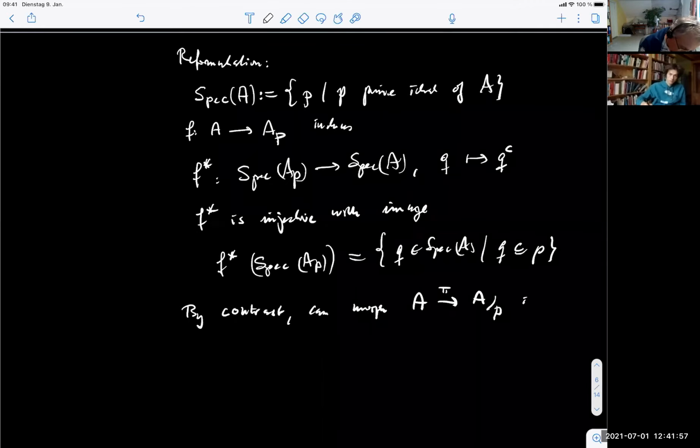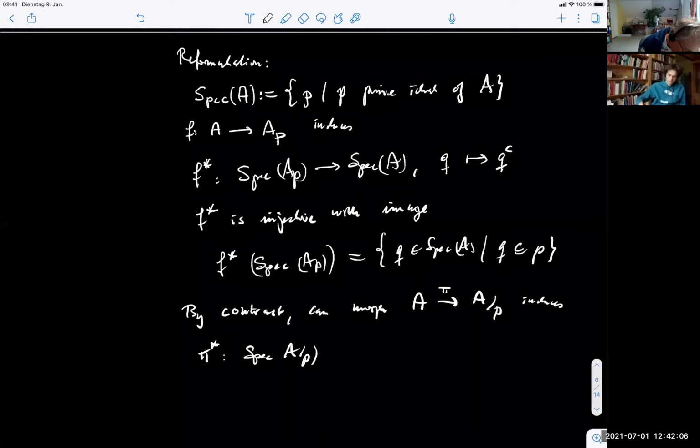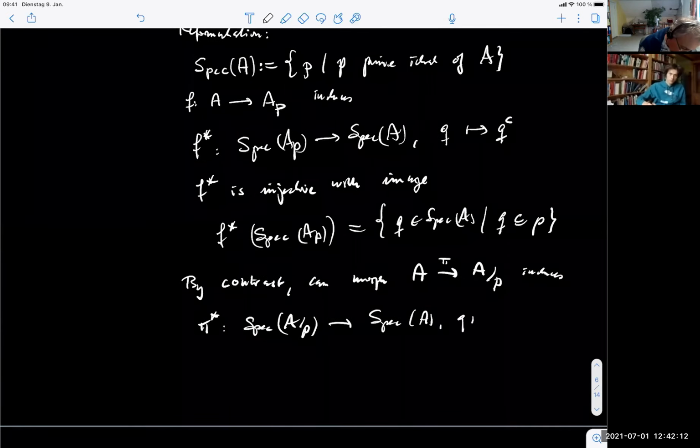This induces a pi star going from the spectrum of A mod P to the spectrum of A. So what do I do? I always go to the inverse image. Primes go to primes. So I have this map, and this map is also injective.